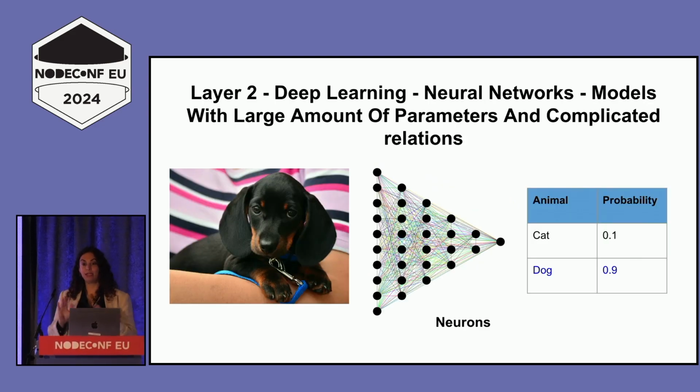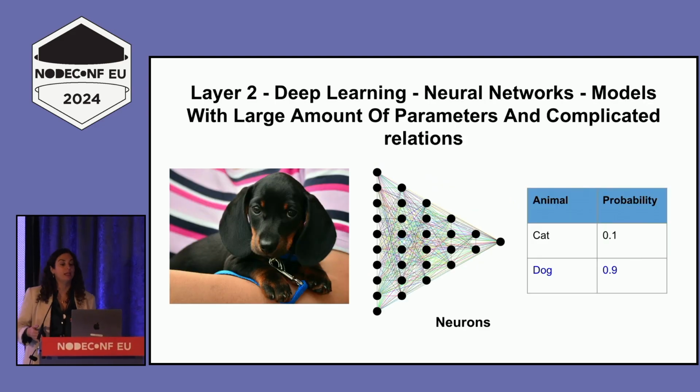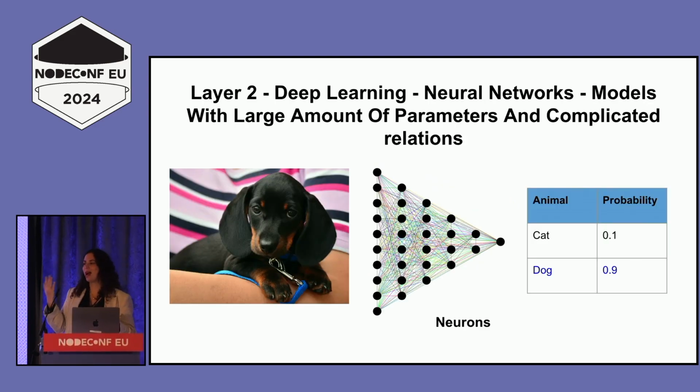But in reality, things are much more complicated because we have models with thousands of parameters and very complicated relations. So at that point, we start to use neural networks, deep learning.